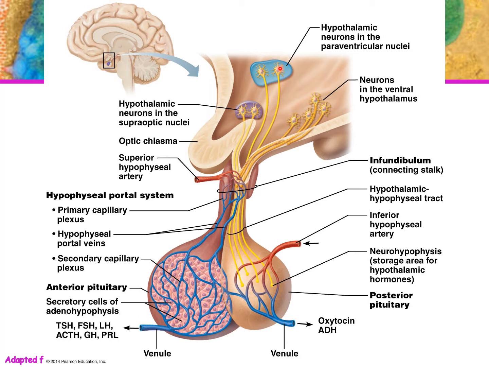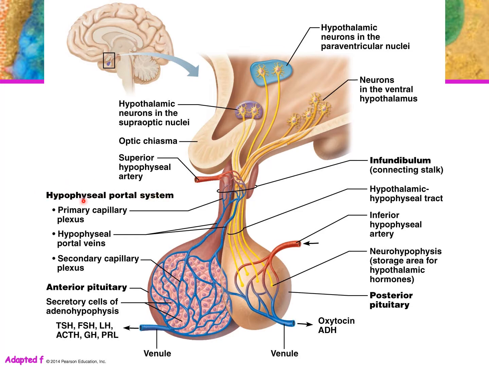When the posterior pituitary is stimulated to release its hormones, it is done so by neural stimulation from the hypothalamus. The anterior pituitary, by contrast, is stimulated to release its hormones by hormonal influence from the hypothalamus.